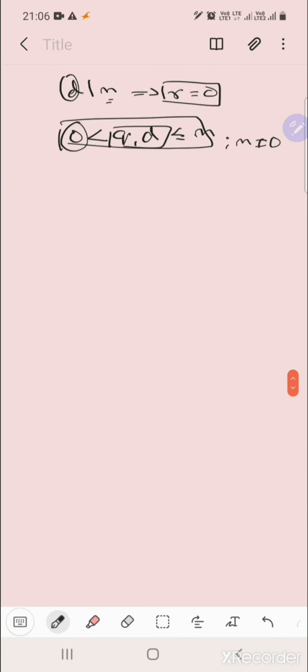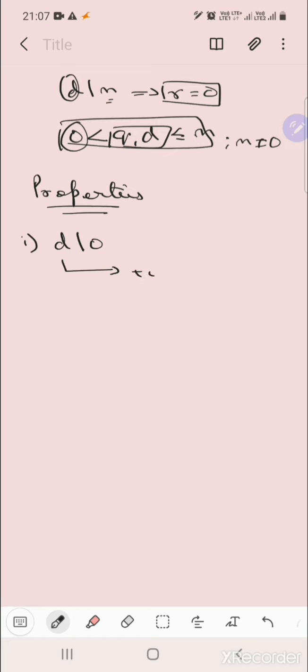So there are a few properties of divisibility. First thing first, any integer, you can also specify d as any integer, that is d belongs to the set Z, any integer divides 0.